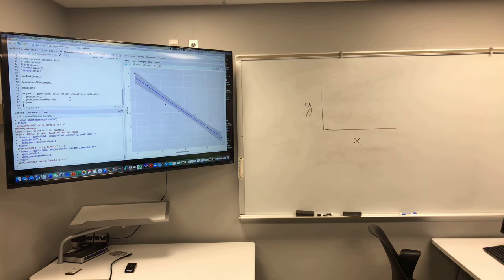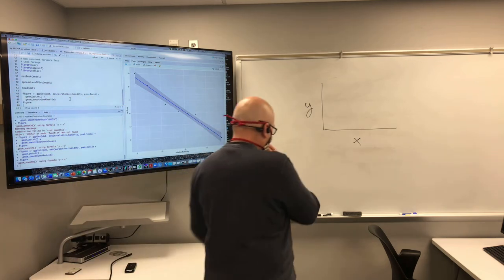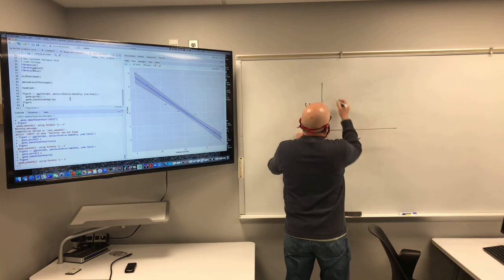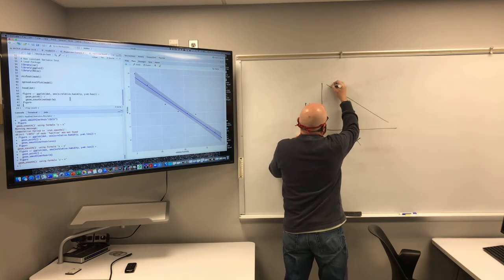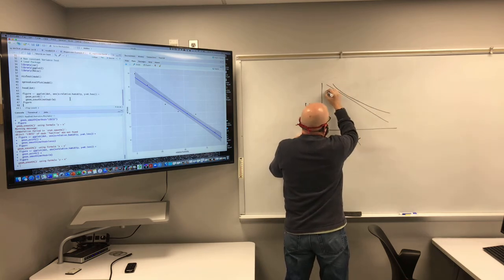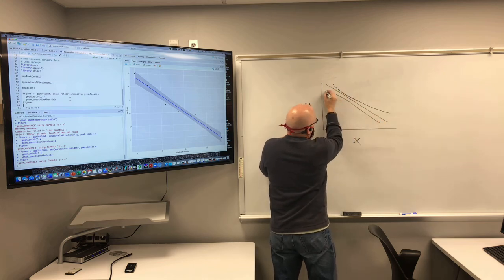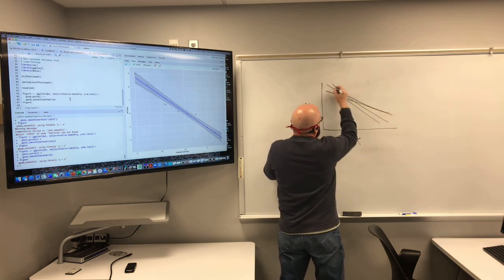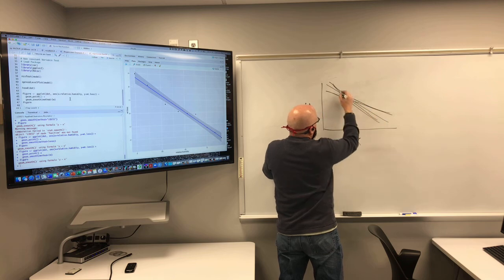So one of the nice things about this is that, what did I do with my marker? If you have a slope and it has a nice tight confidence interval around that, this slope could be equally valid and this slope could be equally valid.